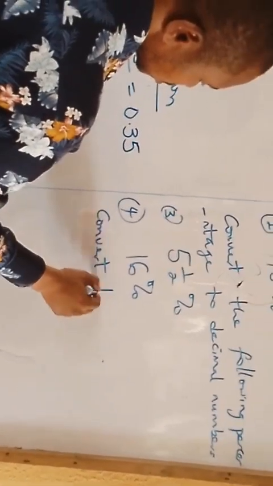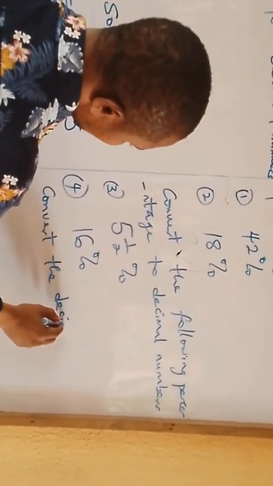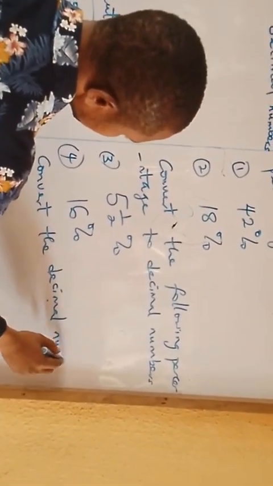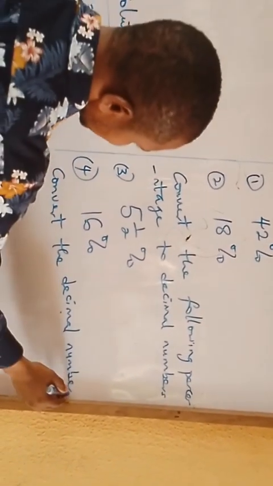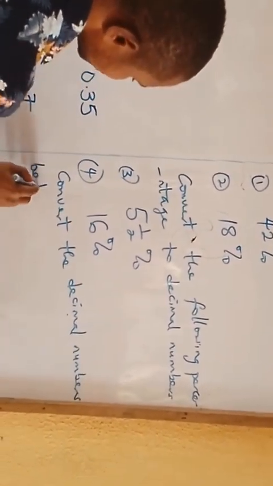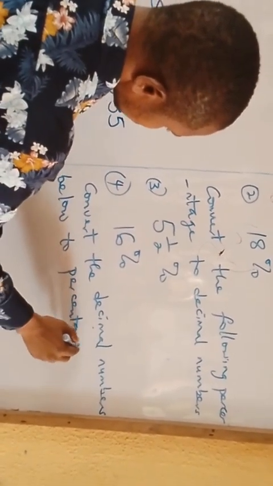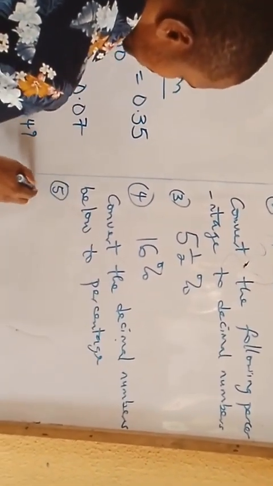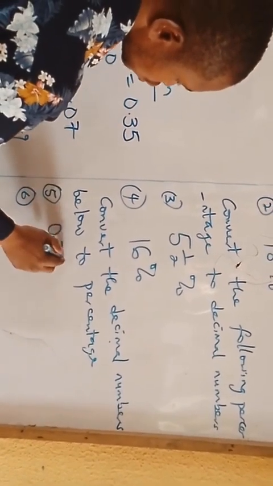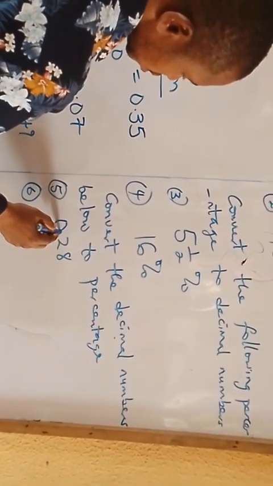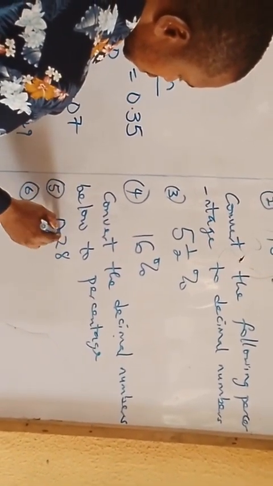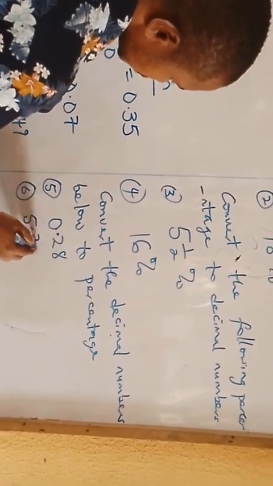Convert the decimal numbers below to percentage. You have number 5 and number 6 here, 0.28. Then you have 5.7.